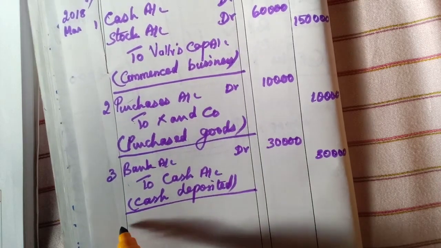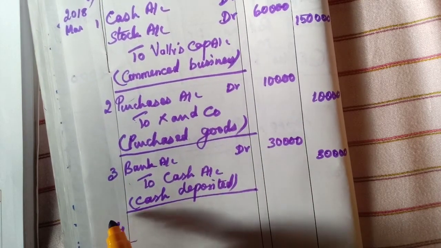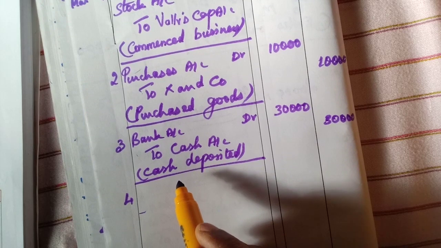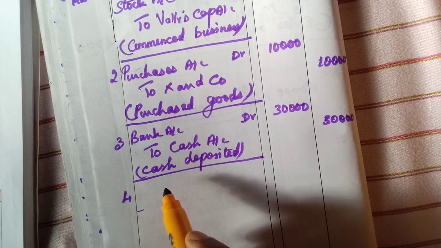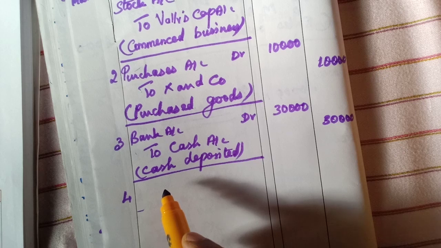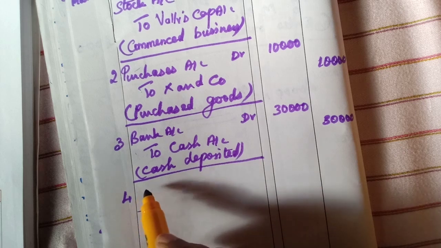Then 4. Purchased 10 ready-made sarees from Y & Co by cash. So if it is cash, you don't bother about the person Y & Co. So you take cash and purchase sarees. So one is purchases, the other one cash. So purchases, an expense, we debit, and cash is going out, we will credit, isn't it?